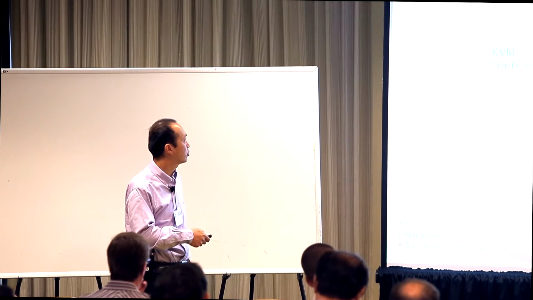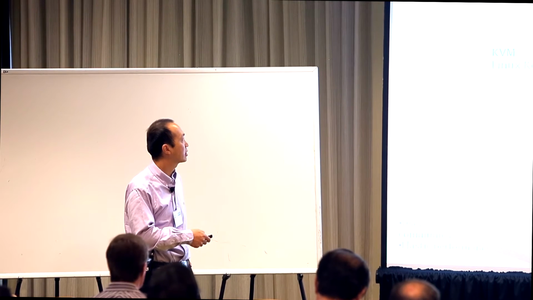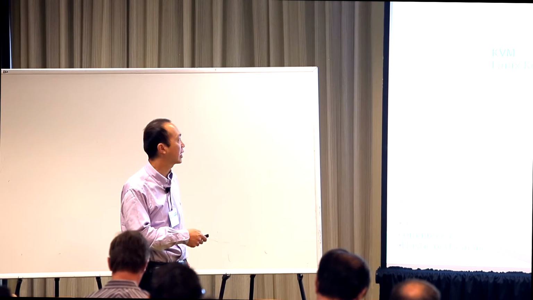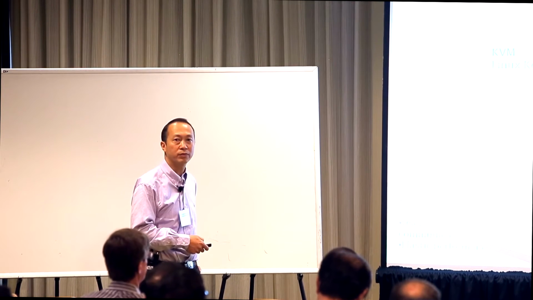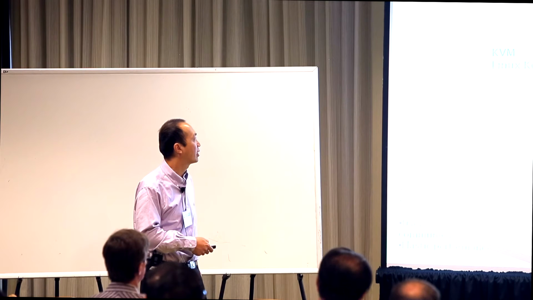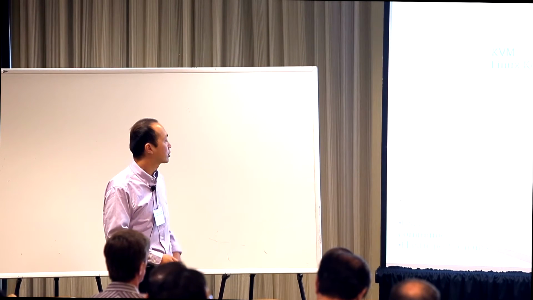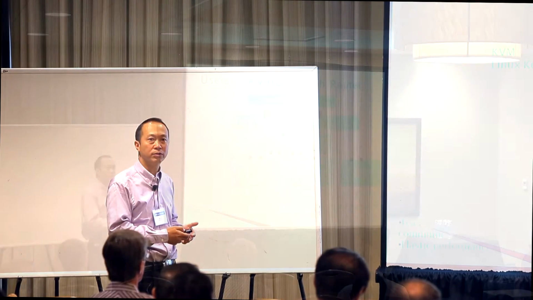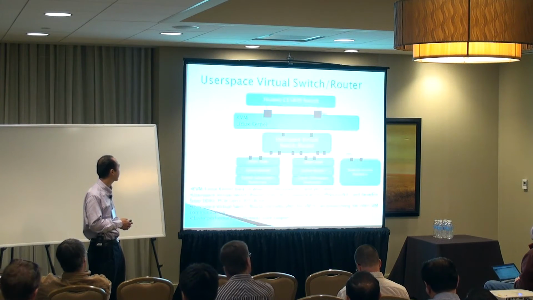The VM can also send the packet back to the virtual switch in the user space, and the virtual switch can also send the traffic out to the virtual appliance as well. In this way, the kernel or hypervisor goes back to what it was designed for, basically providing the virtualization functions while skipping the network functions itself.